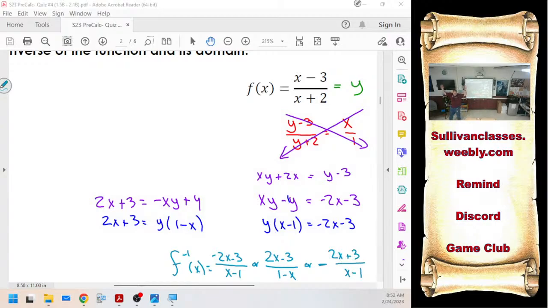All three of those are right. It's just where you put your negative. Yes, ma'am. Where did I miss the negative? Who did what? Where did I miss the negative?